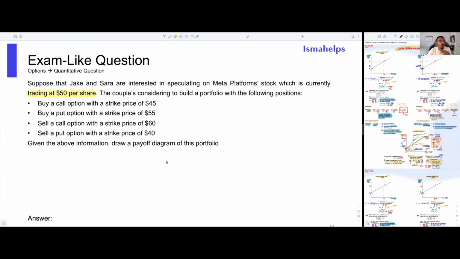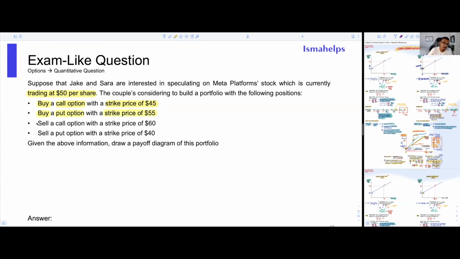So as you can see, there are 4 positions that Jake and Sarah are hoping to take on Meta Platforms Inc. So we have the first one, which is we're going to buy a call option with a strike price of $45. The second option will be a purchase of a put option with a strike price of $55.